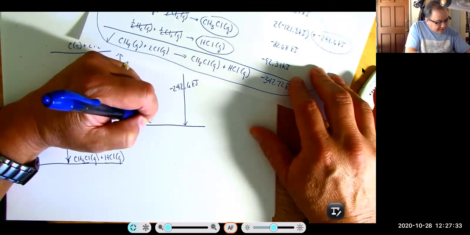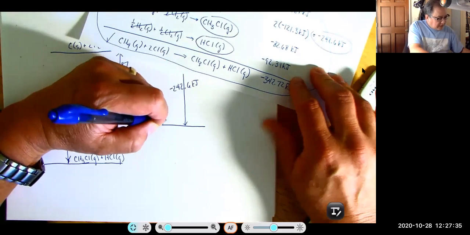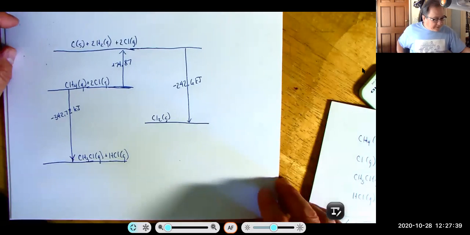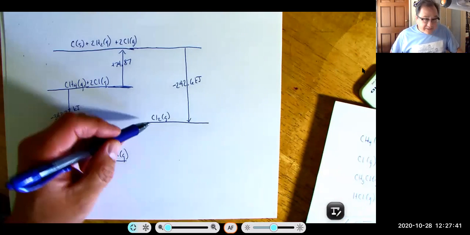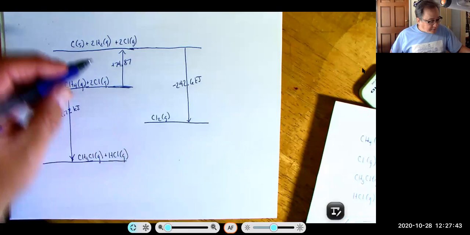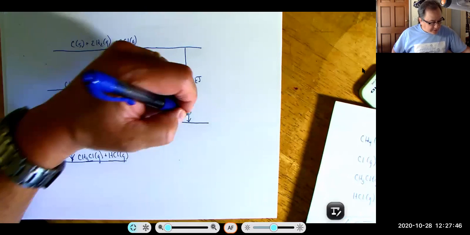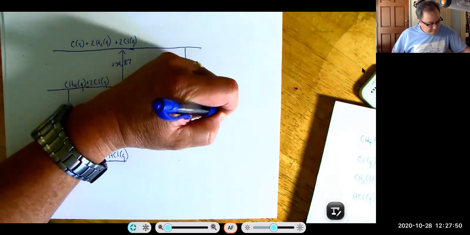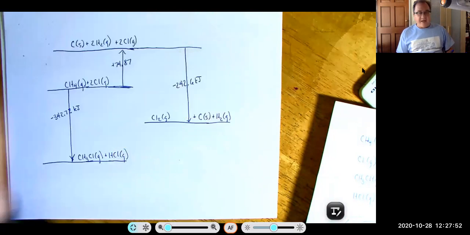So we make Cl2 gas. So in this reaction, where two chlorines make one Cl2 gas, what happens to the carbon and the hydrogen? And the answer is not a darn thing. So I just bring them down.